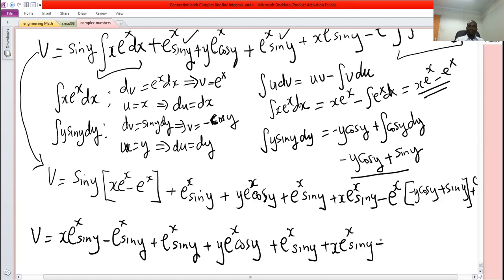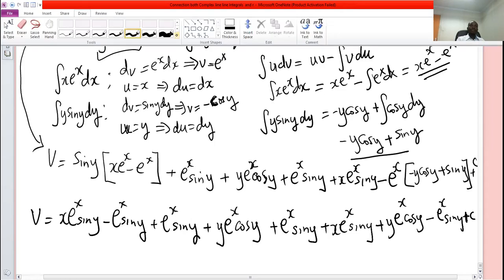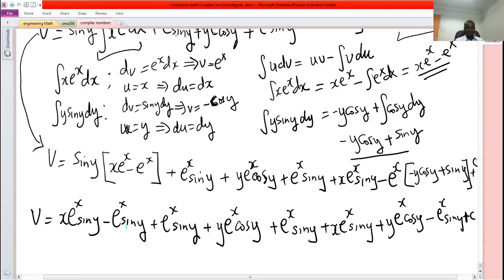So we'll have plus y e raised power x cos y, minus minus plus is minus e raised power x sine y, and then plus constant of integration c. So let's cross out those terms which are the same and have opposite signs. So this and this give us 0. And then also this term goes to 0.